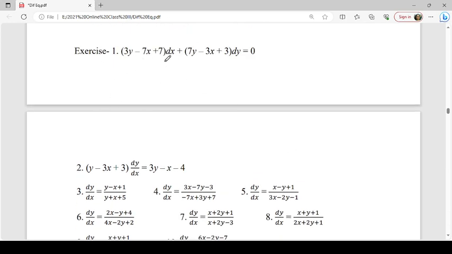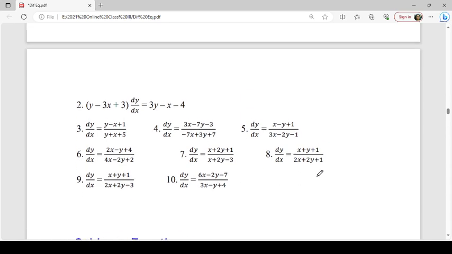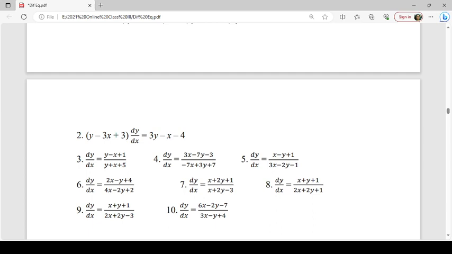This is not proportional, this is not proportional, this is not proportional, and this is also not proportional. This is proportional, this is proportional, this is proportional, this is proportional. Okay, thank you.